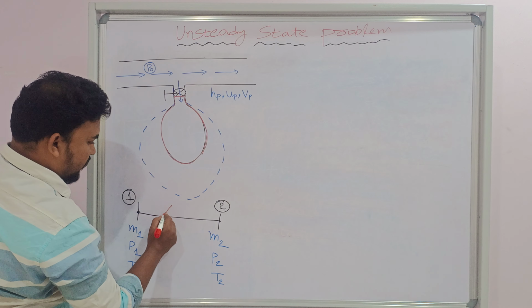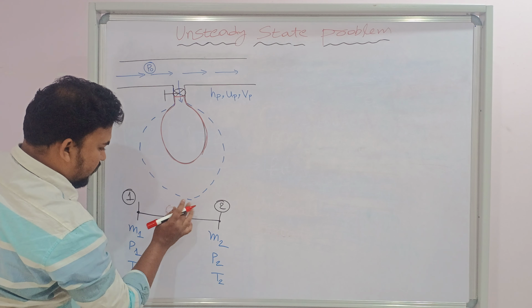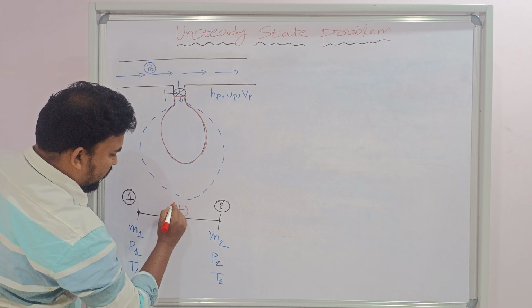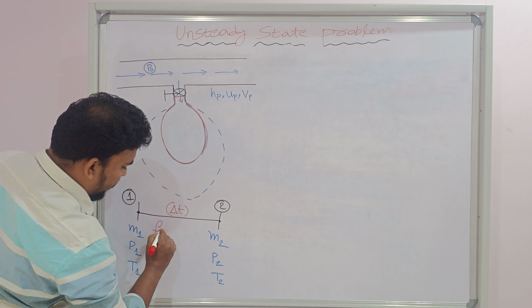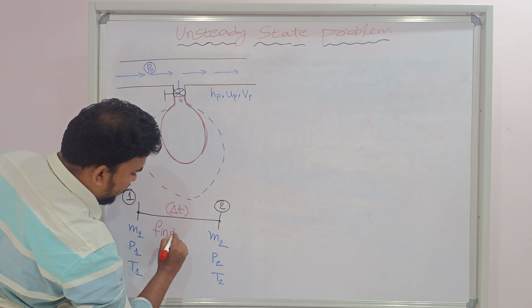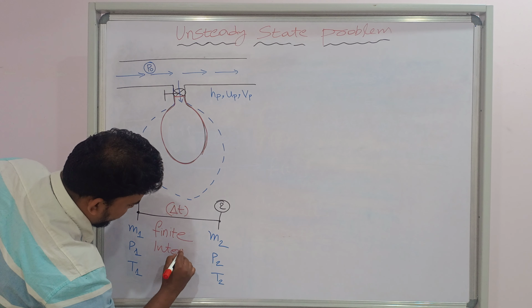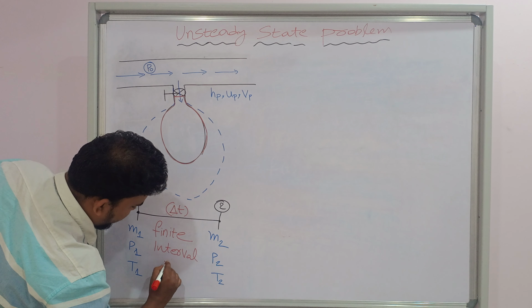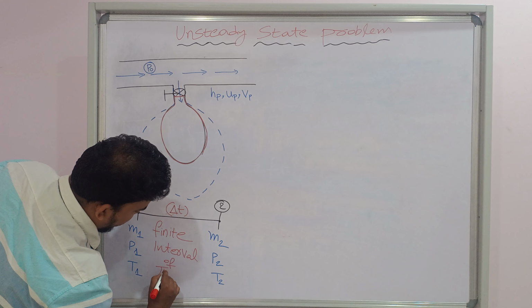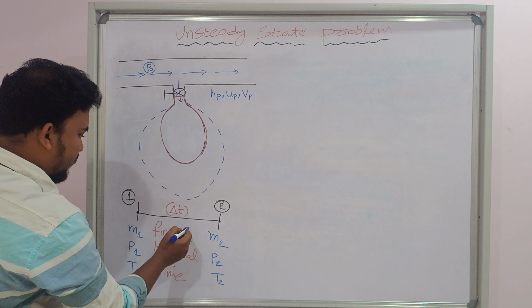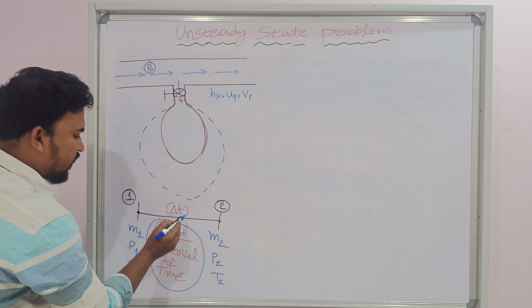Delta T time. Means finite interval of time. Correct? I think this is clear. If this is clear, nothing is there in question.